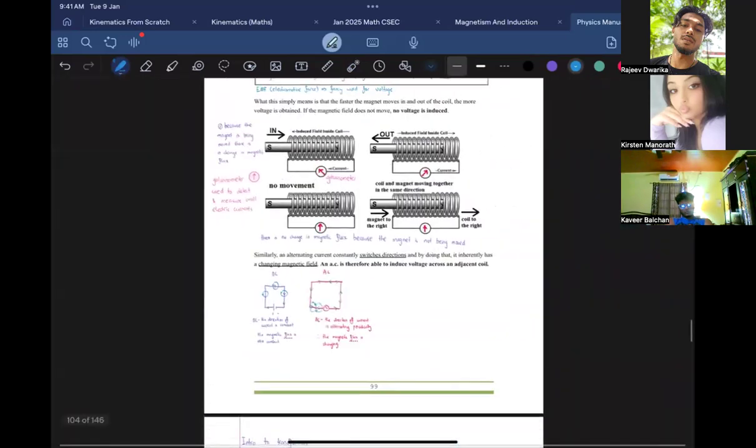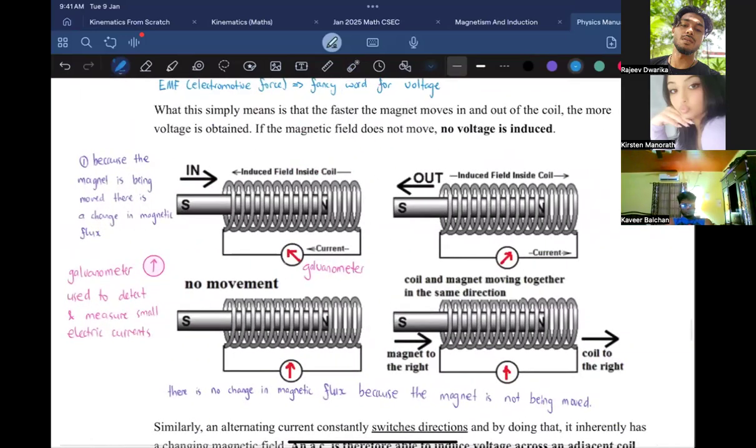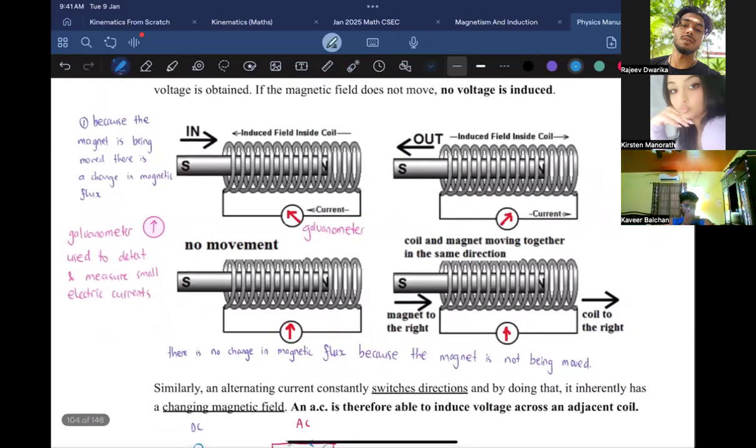All right, check this out. Over here, what did you do to induce a voltage or a current? What did you do to the magnet? You had to move the magnet, right?